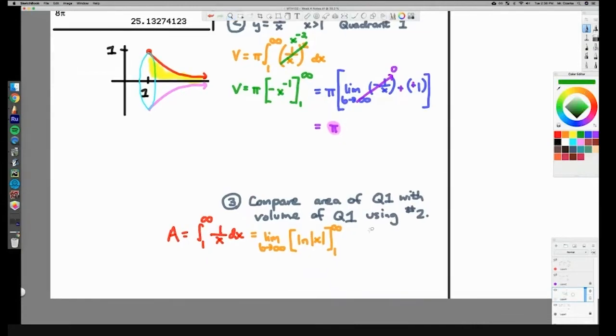All right, so it is infinity because if you plugged in infinity, oops, hold on. That's supposed to be a b. If you plugged in b here, you would get ln of b minus ln of 1, and b is going to infinity.